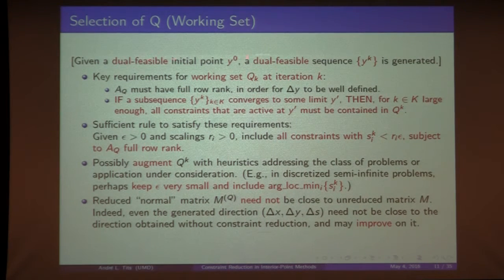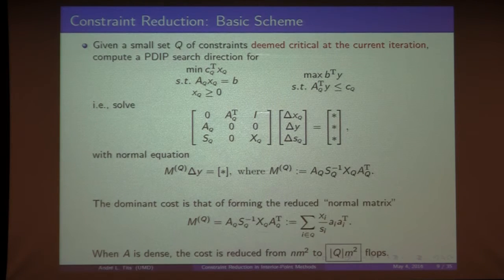Given some initial point, we need a dual feasible initial point. Key requirements for the working set Q should be superscript k, not subscript k, for iteration k. There's one condition here: A_Q must have full row rank. This is in order for this linear system to be well defined.